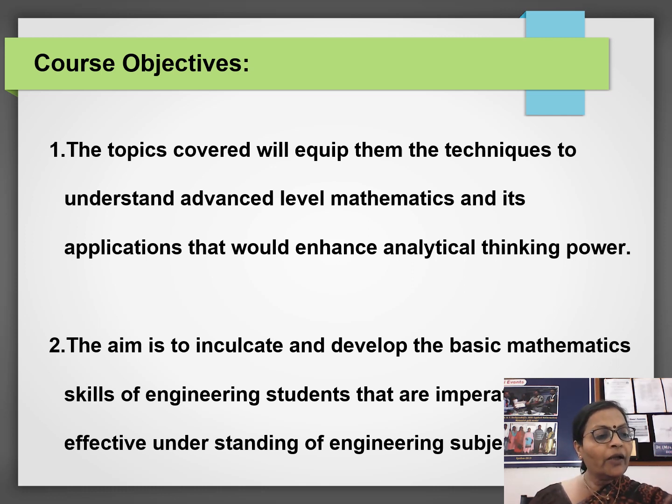Why to study? Main objective of course M1 is to make students aware with the techniques with which they can understand advanced level mathematics, and secondly, with these advanced skills of mathematics, students will be able to understand engineering problems effectively.